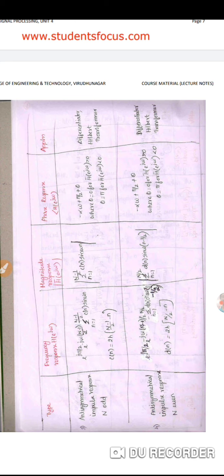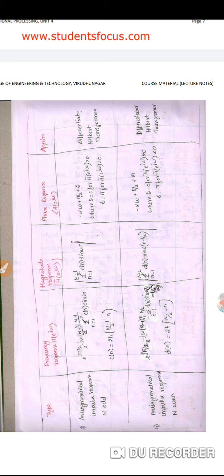In a similar way, you will find the asymmetrical impulse response for n is equal to even. For n even, the frequency response is e power j pi by 2 minus j omega into n minus 1 by 2, into summation n equal to 1 to n by 2 of d of n into sine omega of n minus 1 by 2.